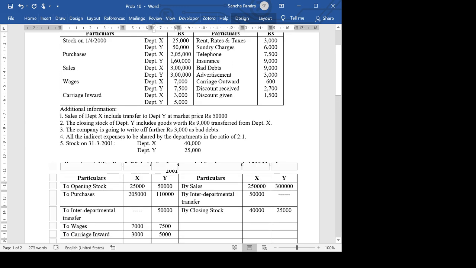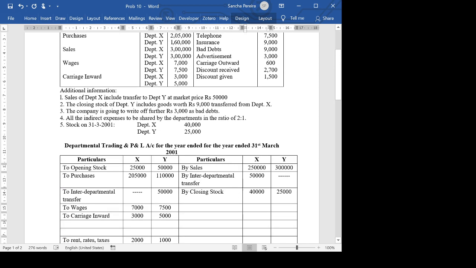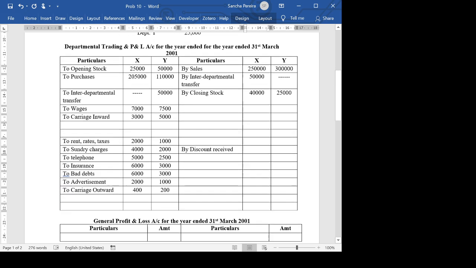And then we have discount received, discount given. So discount received becomes an income, so I take it on the credit side. By discount received, I will leave a line for the gross profit in case there is. By discount received, it is 2,700, so that divided will be 1,800 and 900.